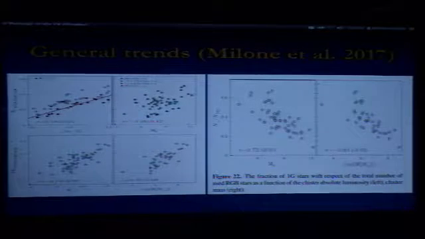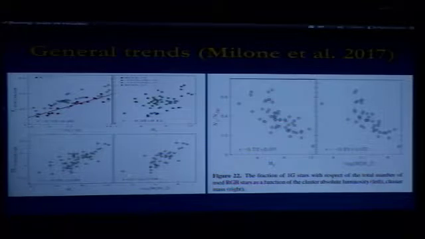Okay, so we now use this data also to make this kind of correlation that we obtain from the spectroscopy. And again, you find that there is a clear correlation here, for instance, between this parameter, which is essentially the nitrogen abundance in the second generation, and the mass of the cluster.